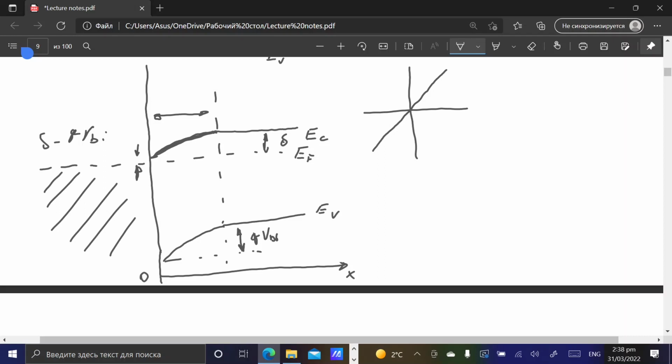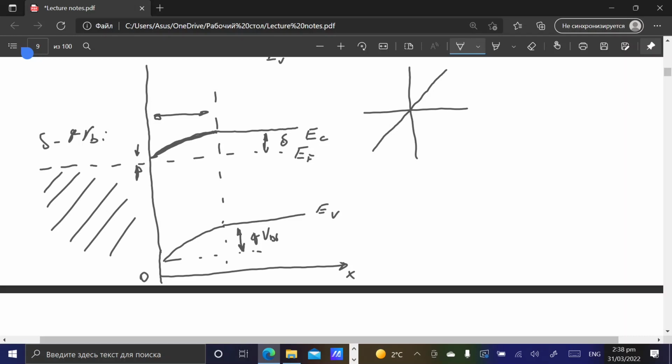The key to making such a high-quality ohmic contact is to create this enriched layer of majority charge carriers at the interface between metal and semiconductor. For that purpose, you need to pick proper materials with the right ratio of work functions, which will eventually lead to the formation of such an enriched layer.